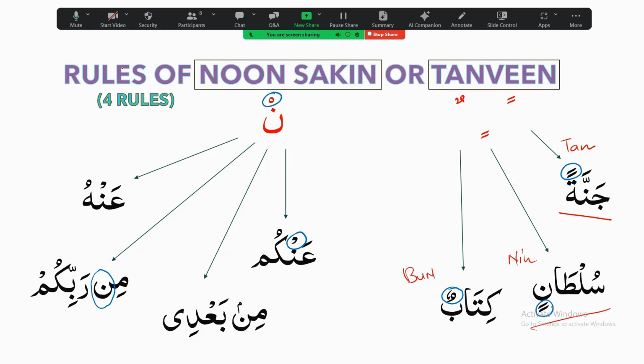Both of these topics, although they are different, noon sakin being a separate thing, a letter with a vowel-less symbol on top of it, and tanween being the topic we covered, have four rules that are common to both. Why they are common, I will inshallah tell you as well.